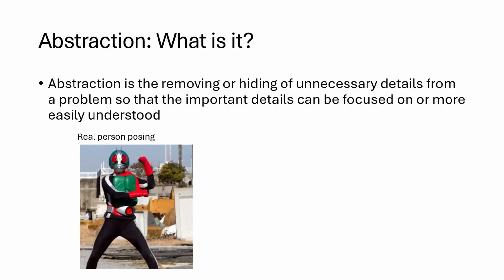Describing a whole person posing in full detail could be a lot, because you'd have to provide a physical description of what a person is like and the details like they have a skeleton, they have muscles, these muscles were activated in this way, this man had these physical dimensions, his hair was like this. And that's not really what you care about in describing the pose. That's not very relevant to you.